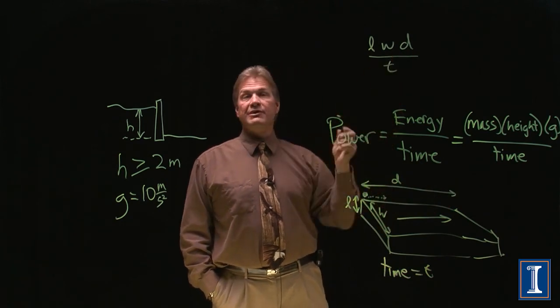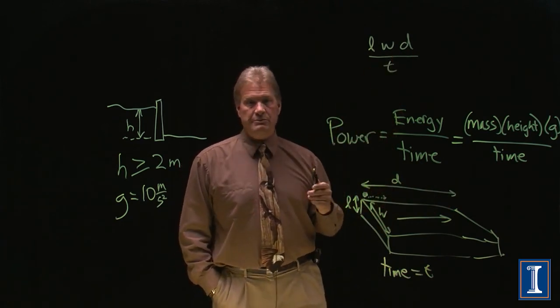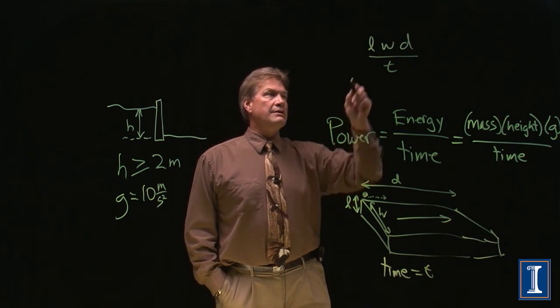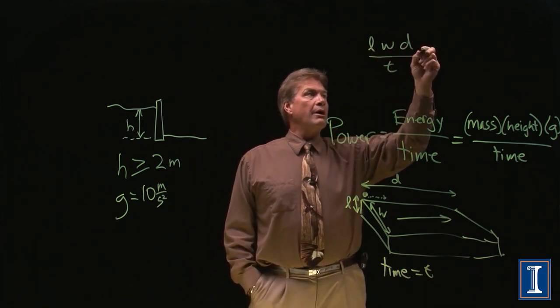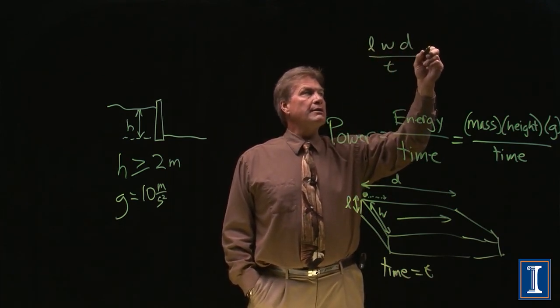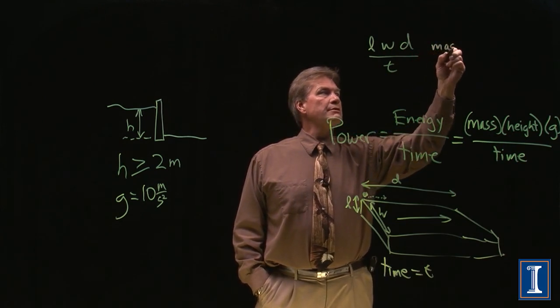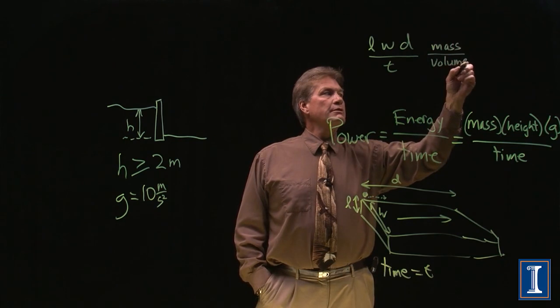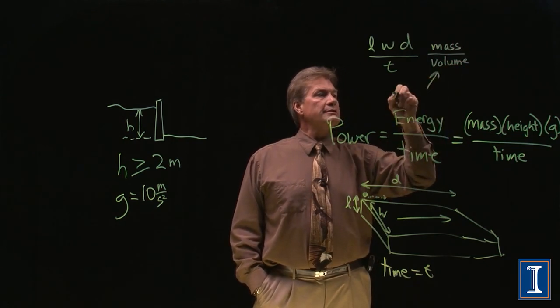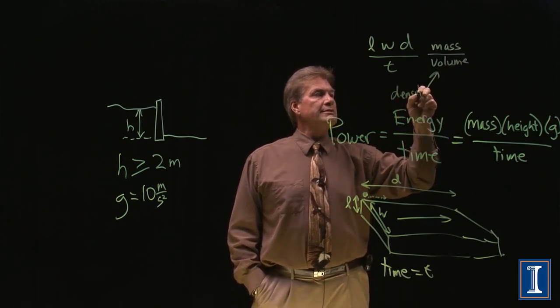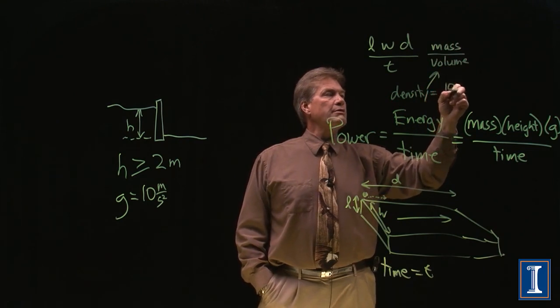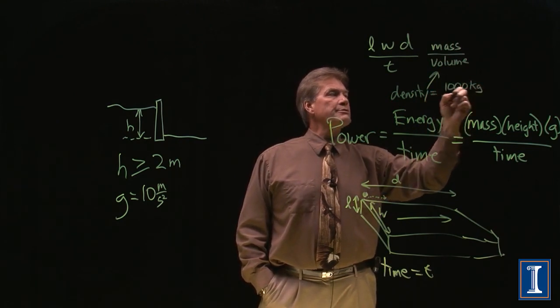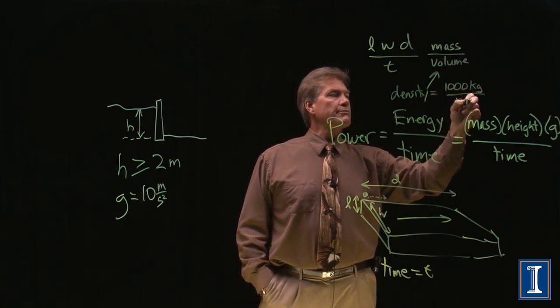D over T is the velocity, the speed of the stream. This is volume. I want to have some quantity that gives me mass per unit volume. This quantity is known as the density. And the density of water is 1,000 kilograms per cubic meter.